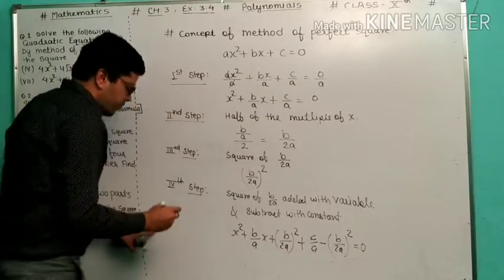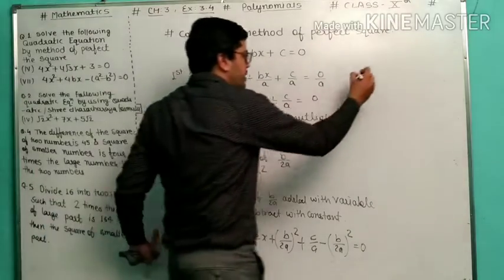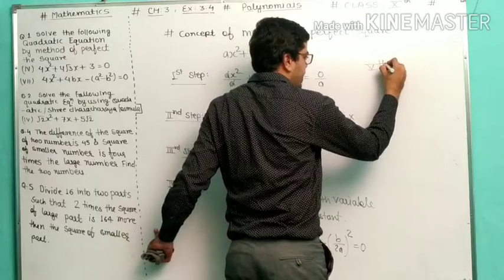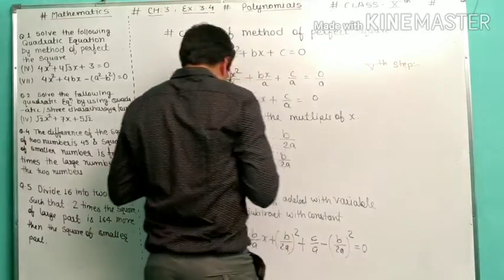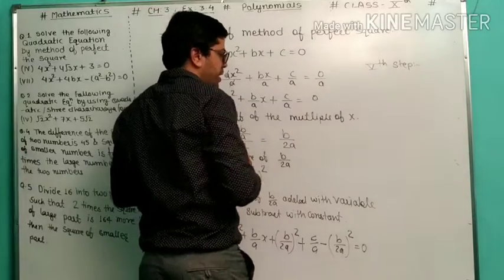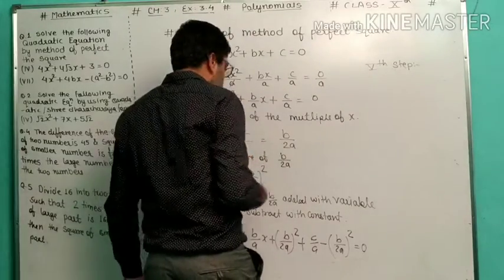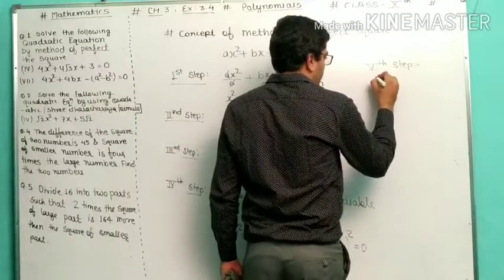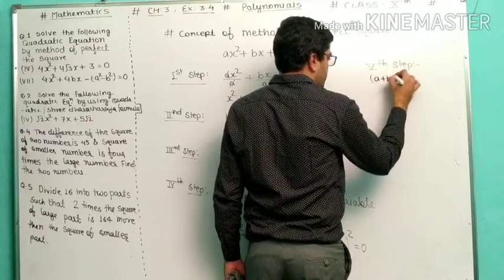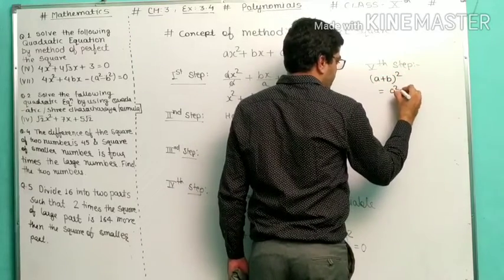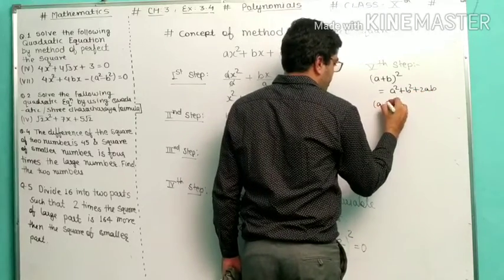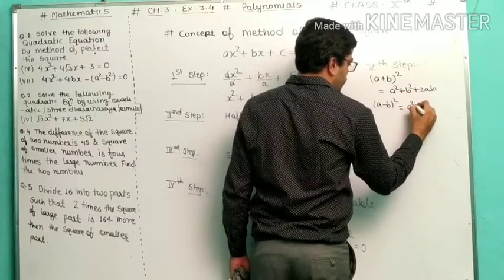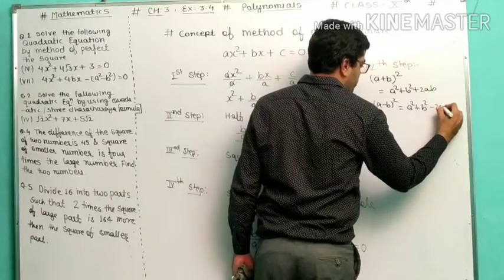Now the fifth step, which I am going to write on the right hand side. This is also very simple. In the fifth step, we just apply the formula: a plus b whole square is a square plus b square plus 2ab, and a minus b whole square is equal to a square plus b square minus 2ab.